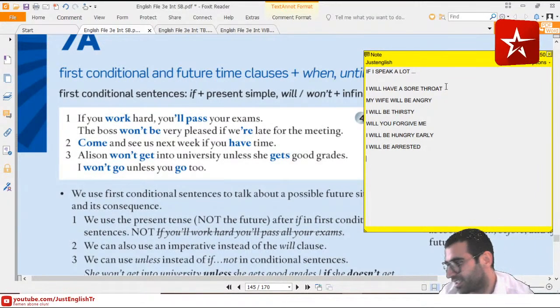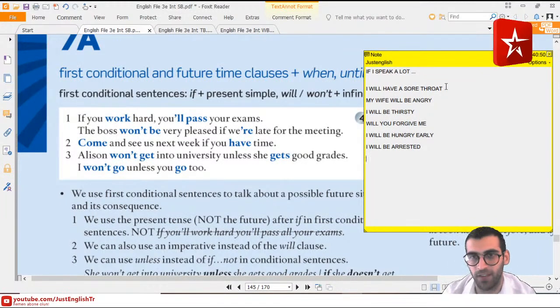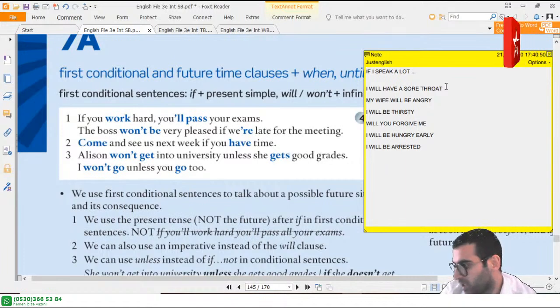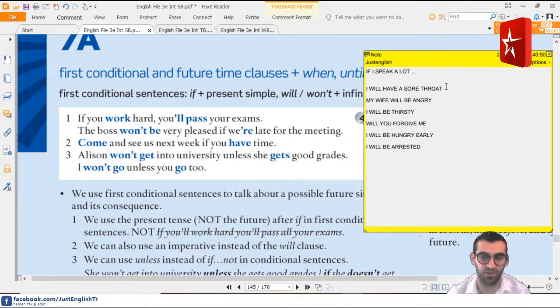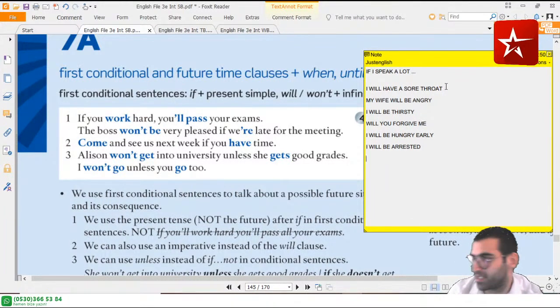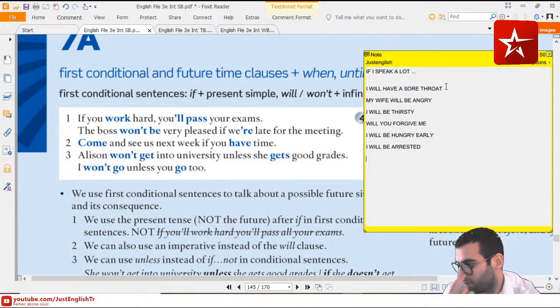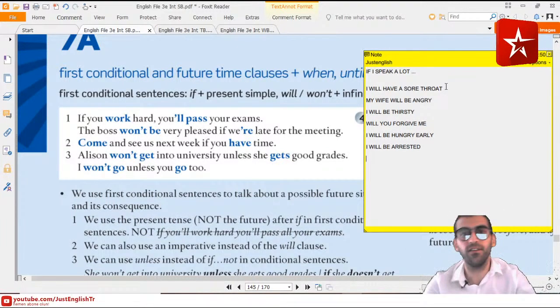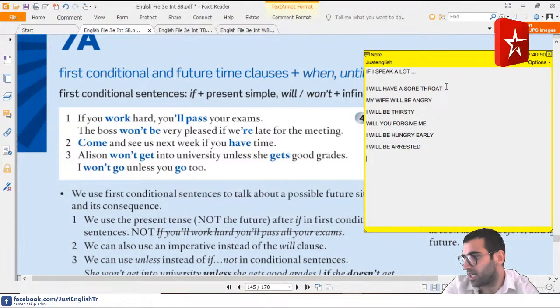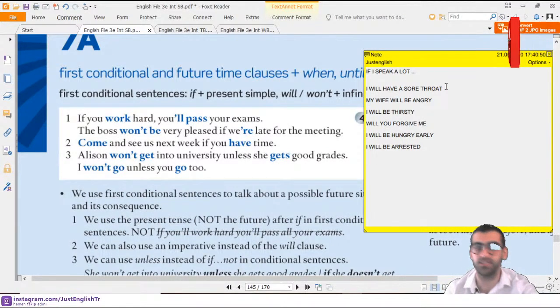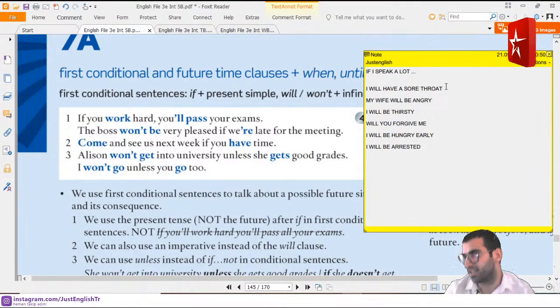You won't. It's like if I speak a lot, the people will guess that I am a sociable person, right? So if I speak a lot, I will be arrested. This was the last answer to my sentence.